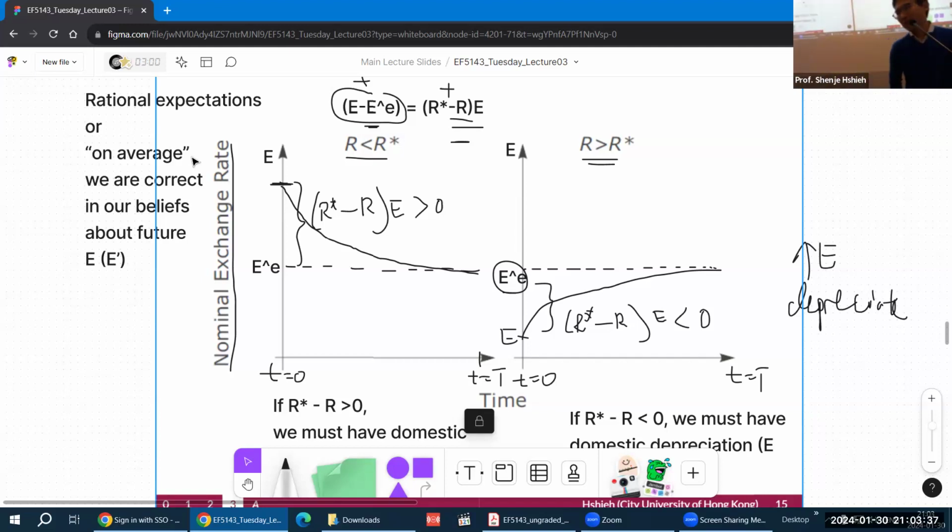All right, comments, questions on how to interpret UIP? What I said is almost the same as CIP, right? But rather than talking about guaranteed returns, we're talking about averages, average returns.